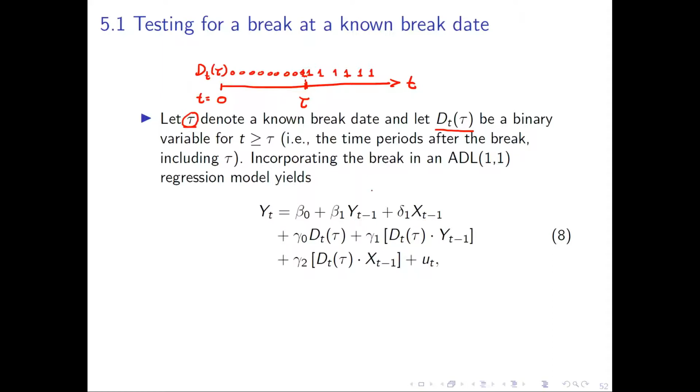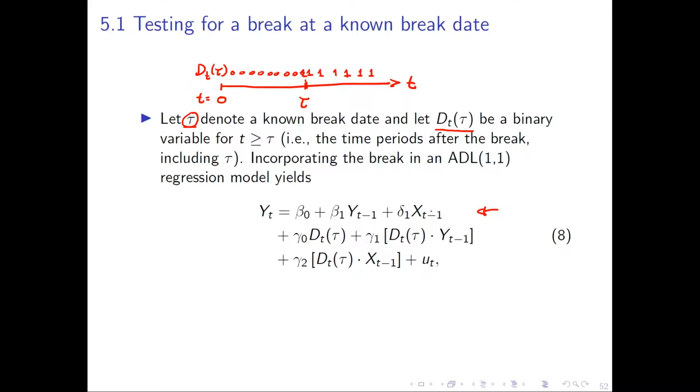If we are trying to investigate whether or not there is a break in this model, then we have the ordinary ADL(1,1) model in this line, and that would be the intercept plus a coefficient times the lagged y variable plus a coefficient times the lagged x variable.